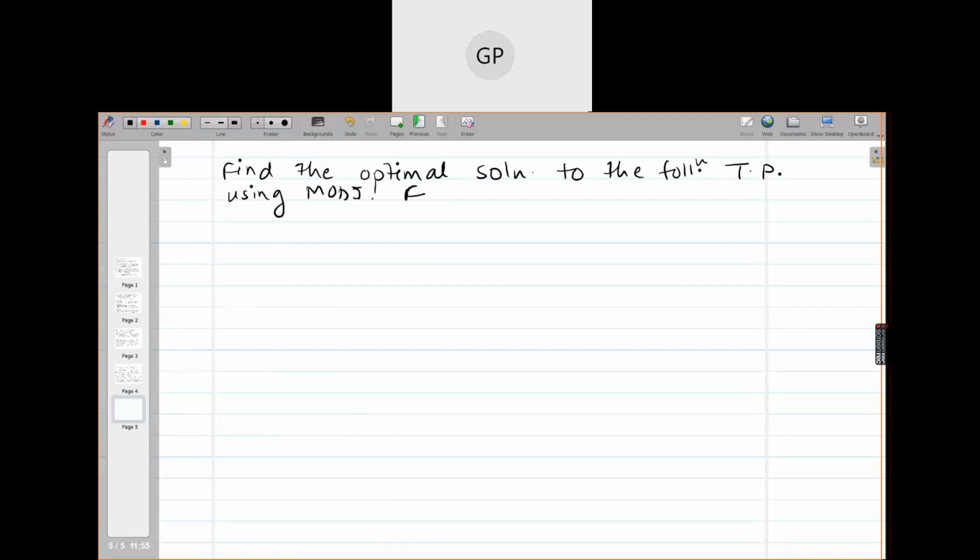Find IBFS using LCM. So in your question, it may be specified that you have to follow a particular method to find IBFS. So here I am giving you a ready-made IBFS now. So you can use that.